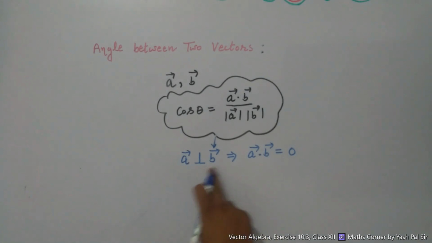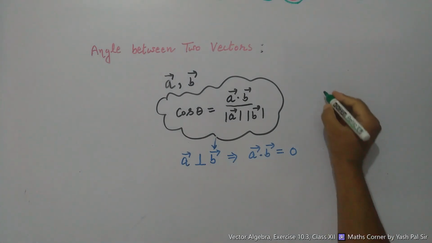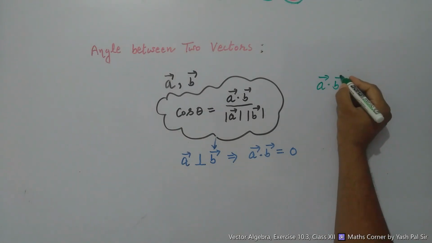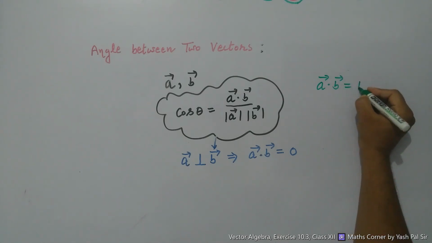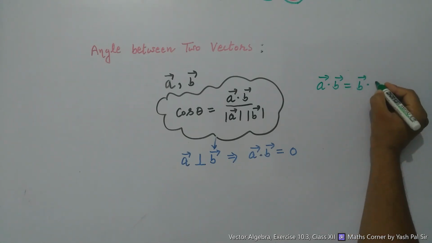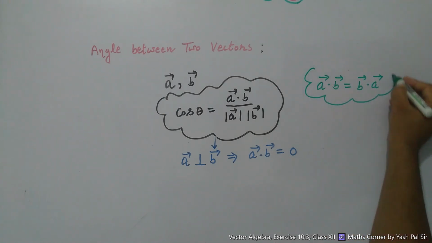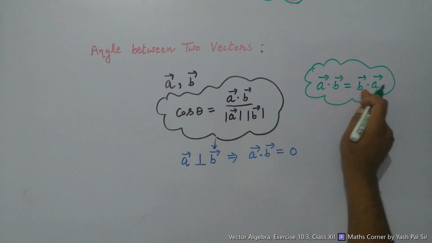So this is the conclusion. One more important result we have: vector A dot vector B can also be written as vector B dot vector A. Okay, so the result is the same in both cases.